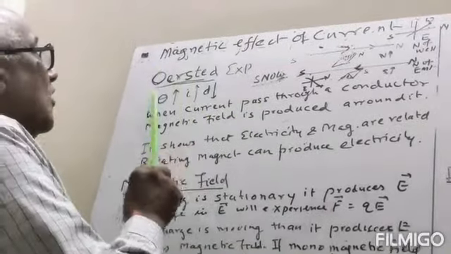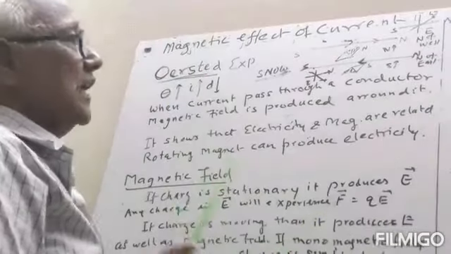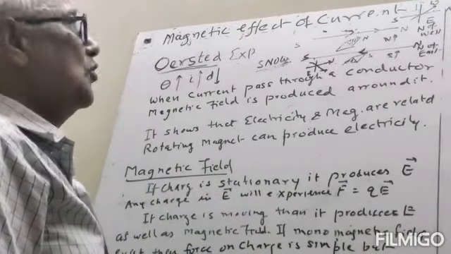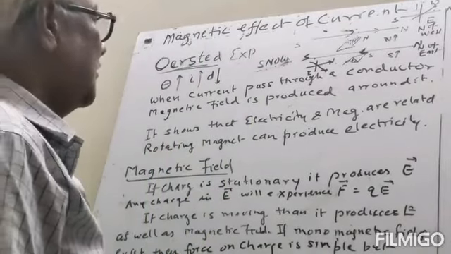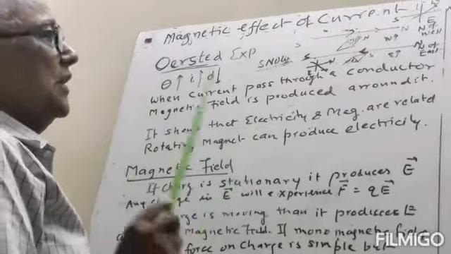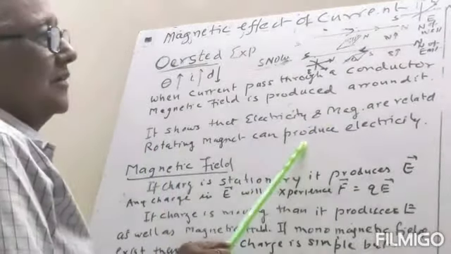The Oersted experiment shows that we can have a relation between current and magnetism. So by the Oersted theory, we say that there is a relation between magnetic field and electrical field.